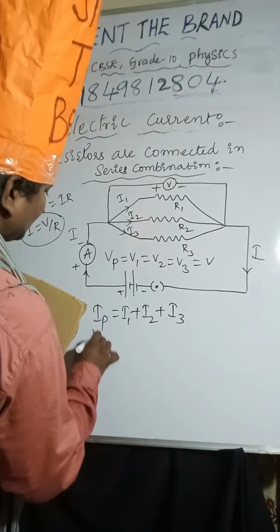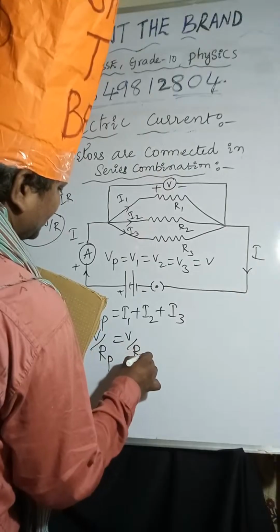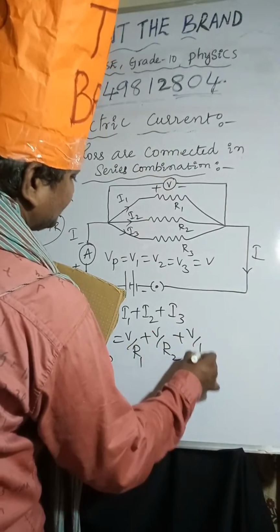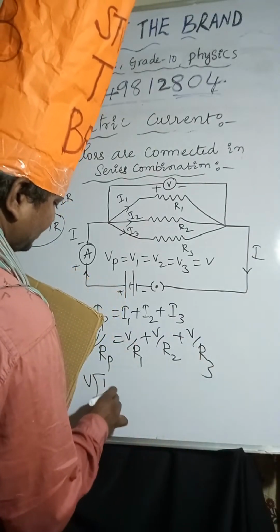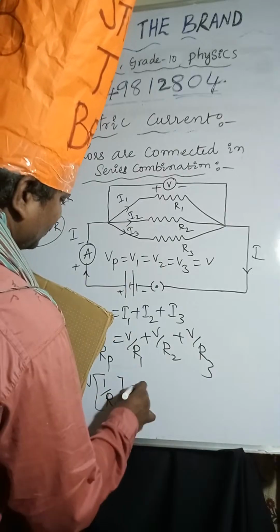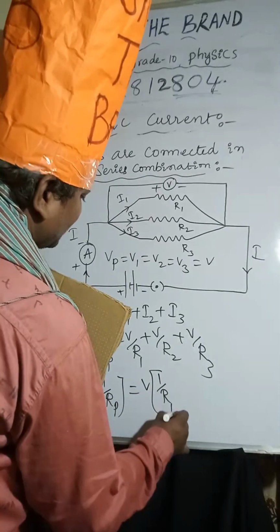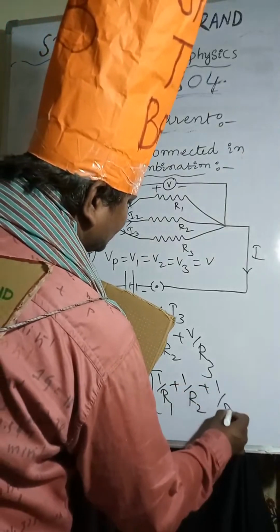I am taking V by Rp equal to V by R1 plus V by R2 plus V by R3. Taking V common, 1 by Rp equal to 1 by R1 plus 1 by R2 plus 1 by R3.